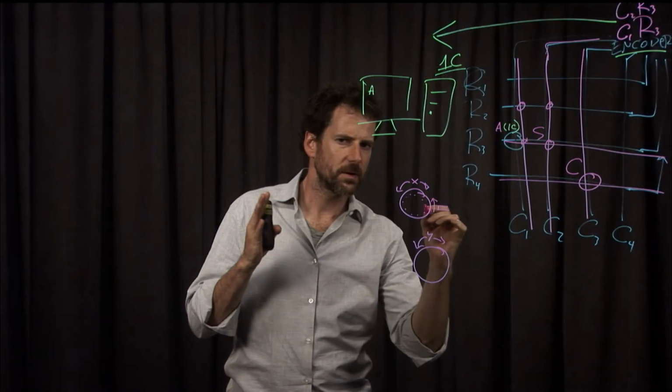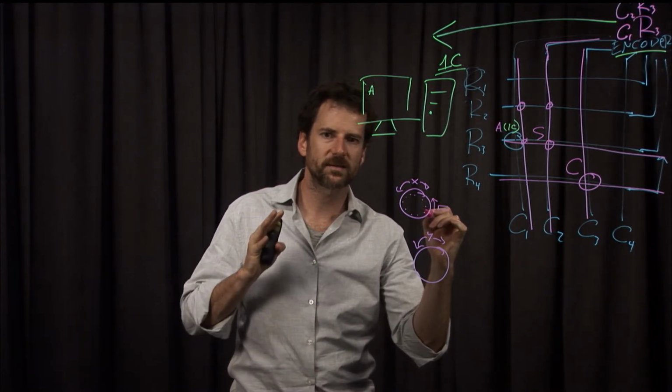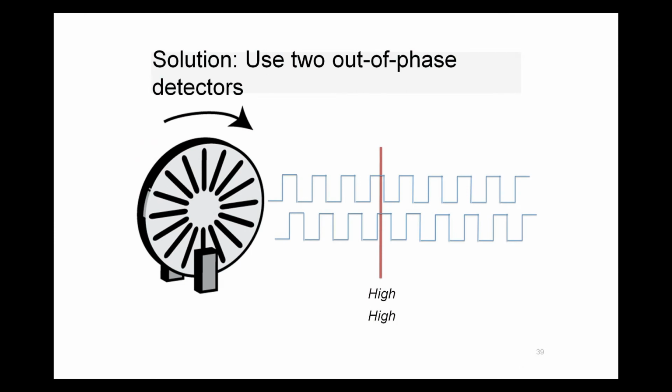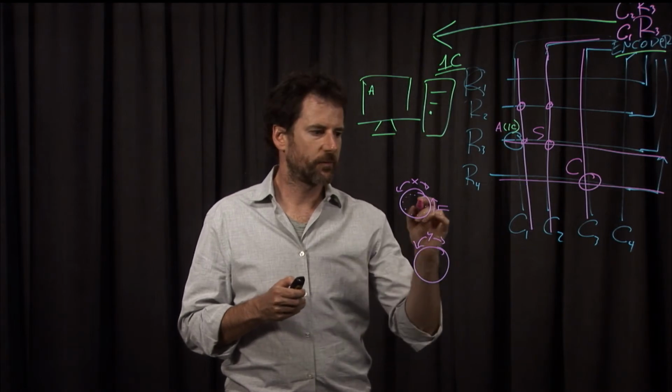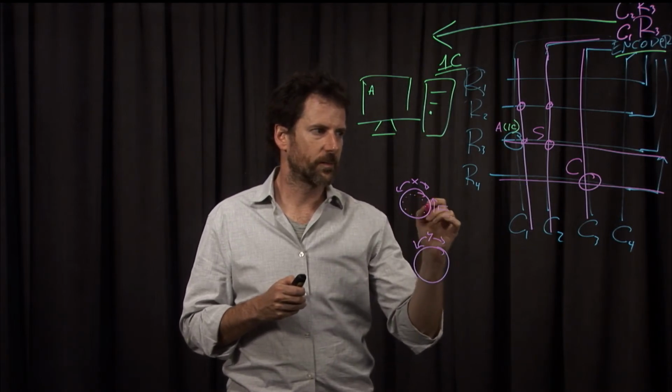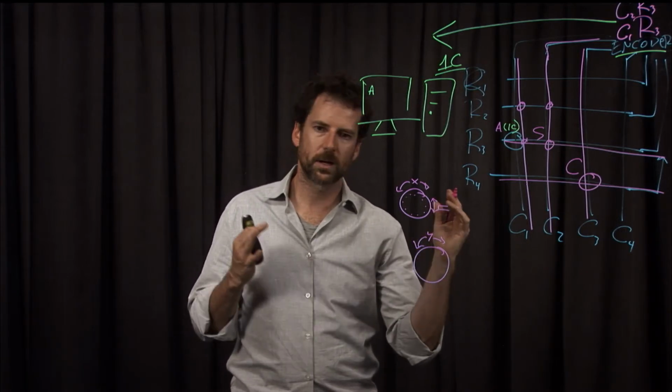But did we roll it forward or did we roll it backward? In the basic version, you can't tell. So now we're going to get a little bit fancier, and we're going to add an offset encoder. This way, if we see a particular pattern, we go from high, high to low, high, we know we're going in one direction.